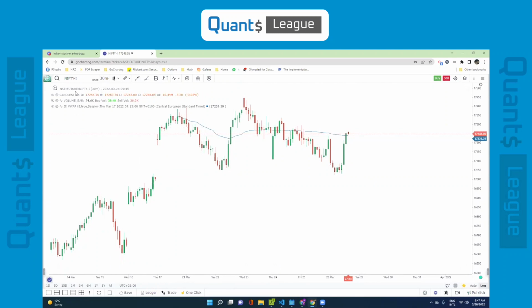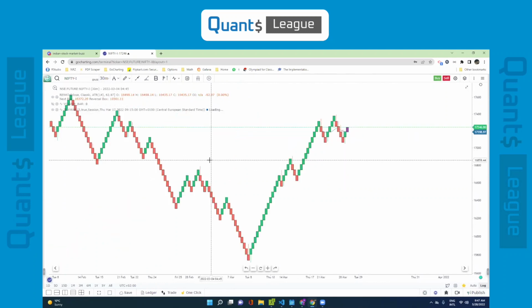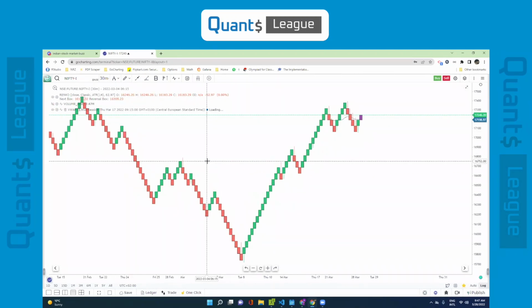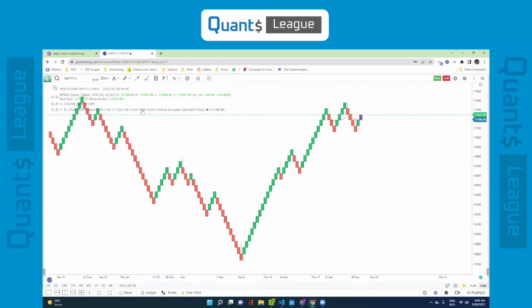And then you have all the other things that you can think of. We have a very robust Renko chart, where you can create your bricks based on not one, not two, but four possible methods. Same is the case with PNF.